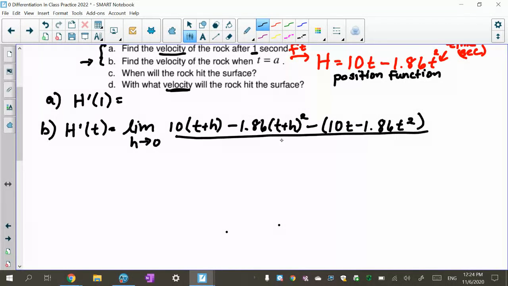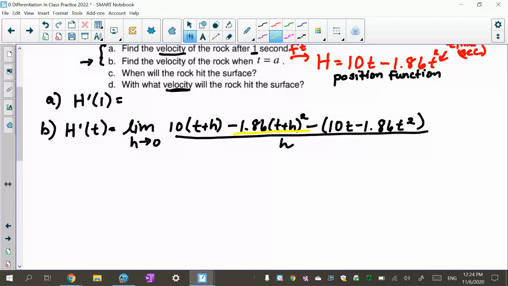A couple things I want you to notice. I actually put that in parentheses because I know it's all going to change signs. And it's the same as if we used x, but I'm going to use t because that's what we're talking about today. Now, again, this part right here, you can do that on the side if you want and make sure that you have that all done.